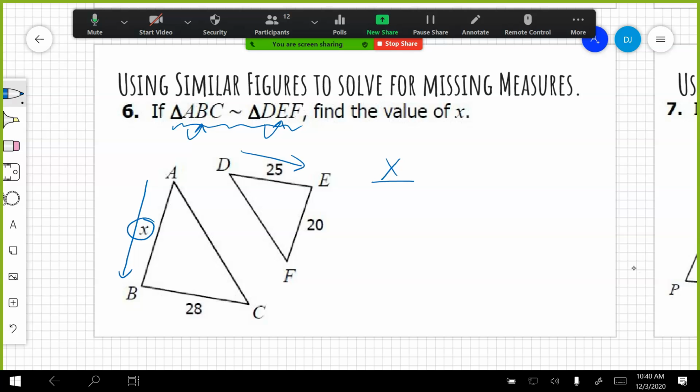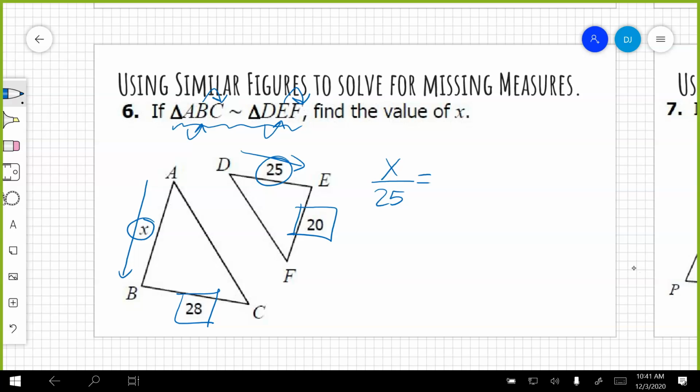Okay, so D to E. So that's going to be x divided by 25. Now that leaves us with 28, which is BC, and we need to find EF, which is 20. Okay, so we're always going to start in the same direction. So if I went from x divided by 25, I'm going to go 20.